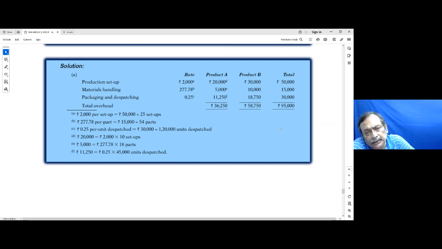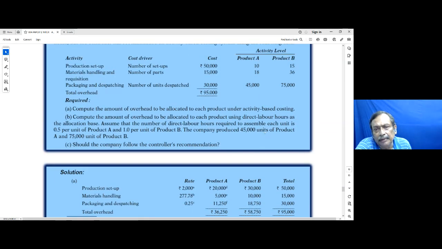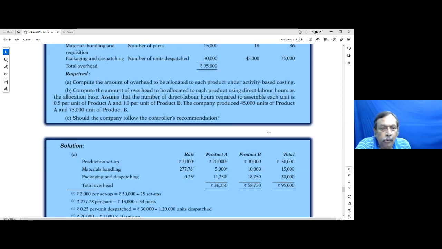How do you get 20,000? That is 2,000 into 10. Then 277.78 into 18 is 5,000. 0.25 into 45,000 comes to 11,250. That we have written. So total overhead comes to 36,250 for A, 58,750 for B, and 95,000 in total. So it is tallied.